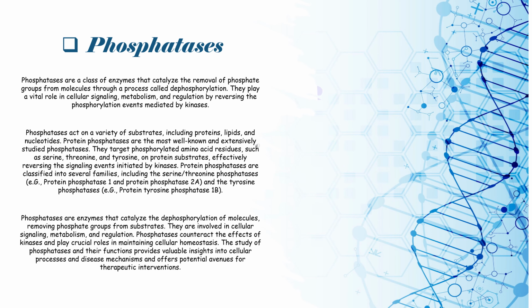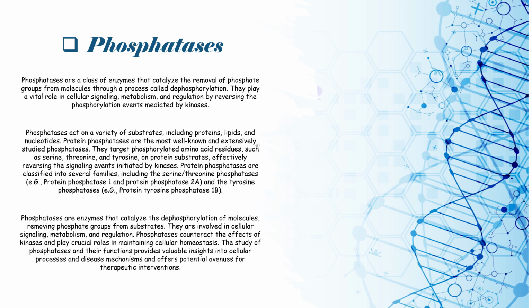Phosphatases are a class of enzymes that catalyze the removal of phosphate groups from molecules through a process called dephosphorylation, mostly in cloning process. Phosphatases act on a variety of substrates including proteins, lipids, and nucleotides. Protein phosphatases are the most well-known and extensively studied phosphatases.